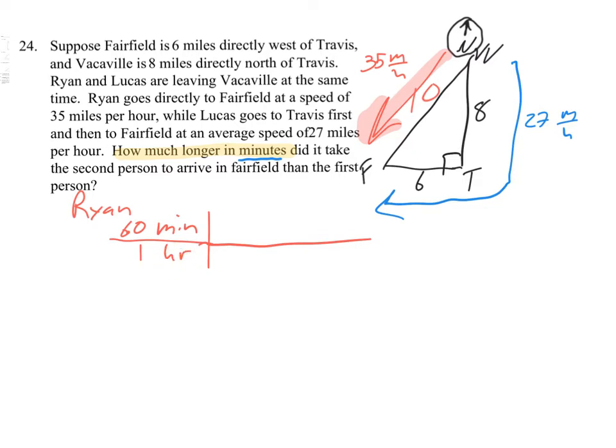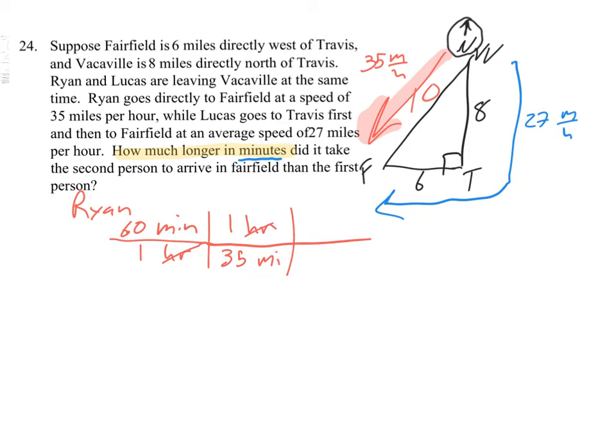So what do I know about hours? Well, you don't really know anything directly about hours, but you do have hours here. You have 35 miles per hour. And so you could write that as 35 miles per hour, or you could write that as 1 hour per 35 miles. It's the same idea. Okay, so that would make hours cancel out, but now you have to deal with miles.